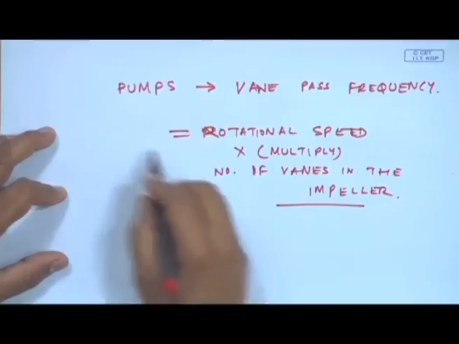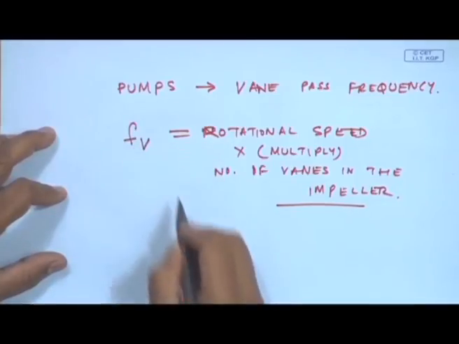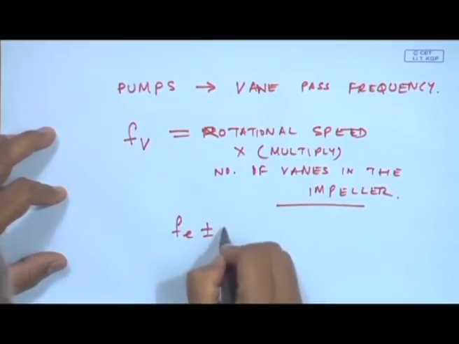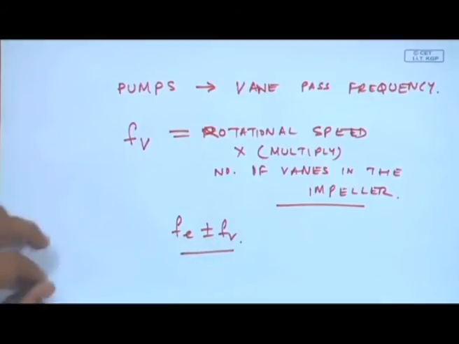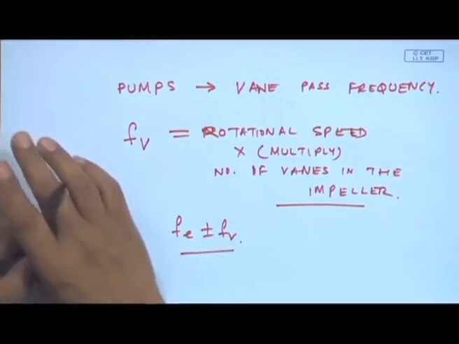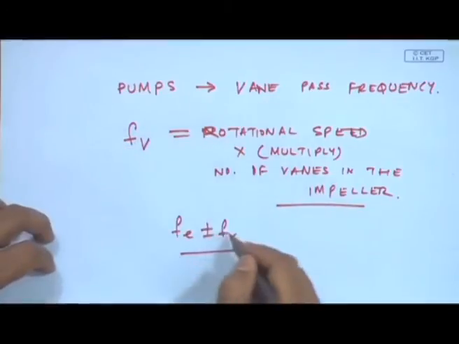So if this vane pass frequency is given by f v, I will see f e plus minus f v, or the other way also, and this is what is there in the frequency spectrum.